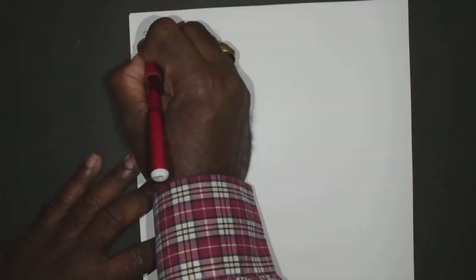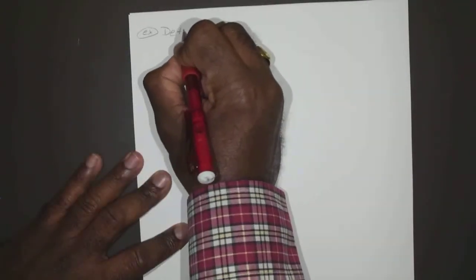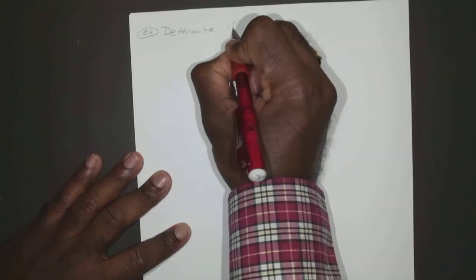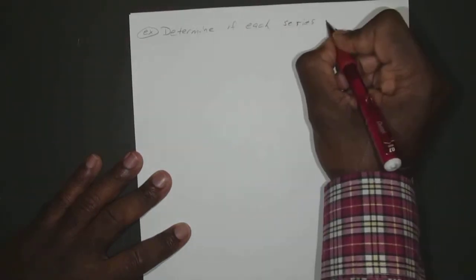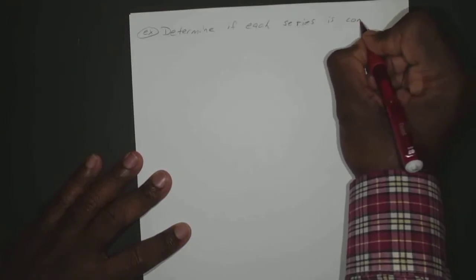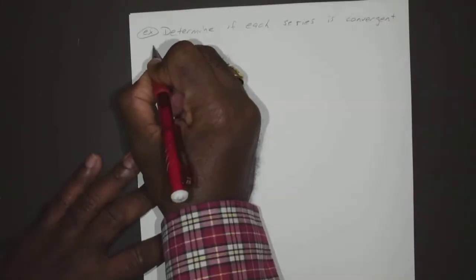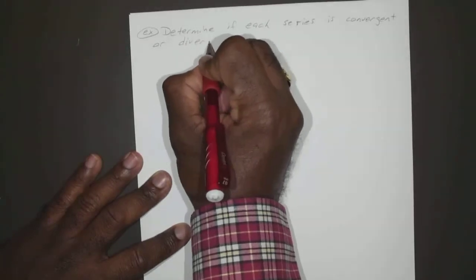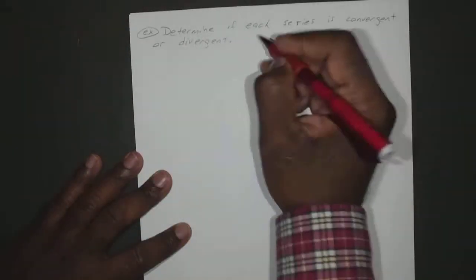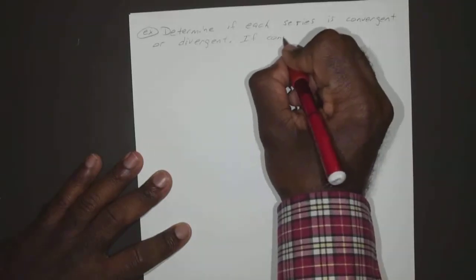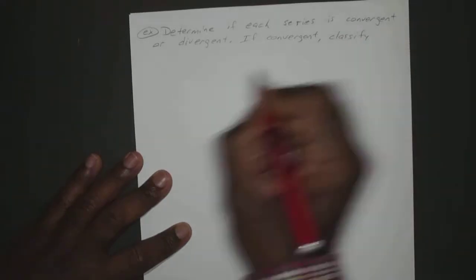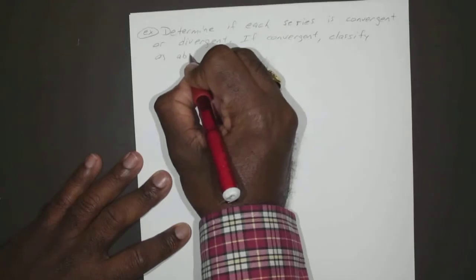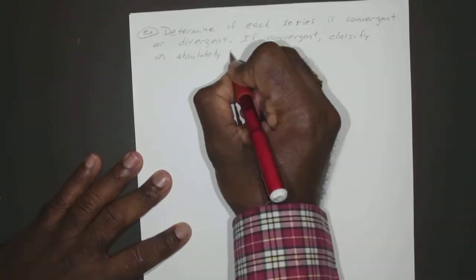All right, so let's say, for example, we wanted to determine if each series is convergent or divergent, and if convergent, classify as absolutely or conditionally.